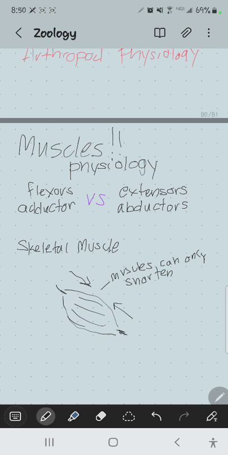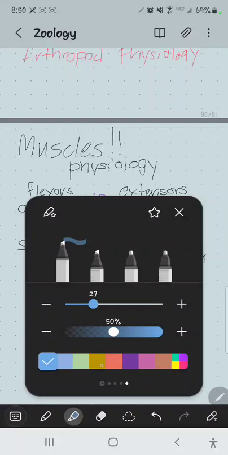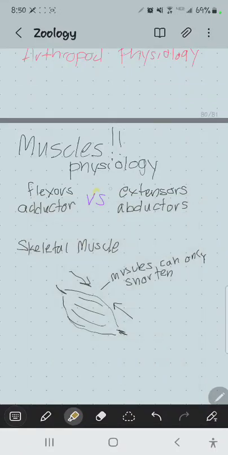Okay, so let's go ahead and look as if we were looking at a cross-section of a muscle. Muscles are basically made of bundles of fibers. So we have bundles of fibers that kind of go together.